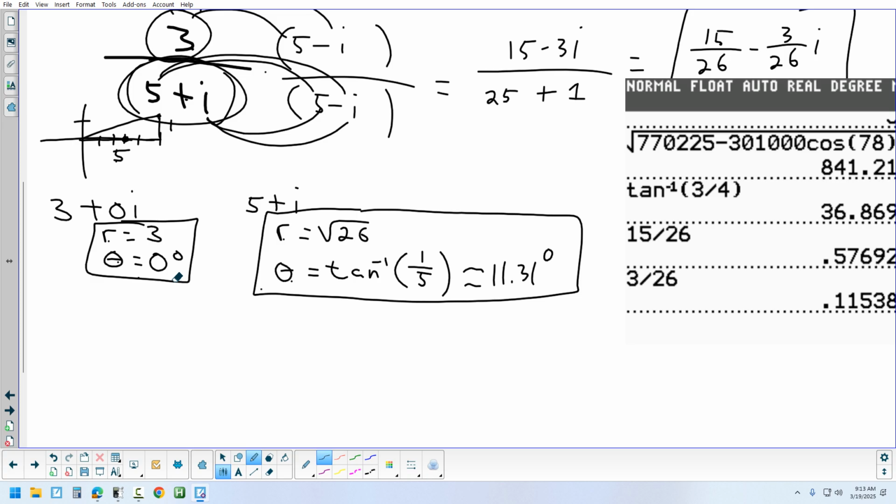R1 over R2. That's the new radius of the final answer.